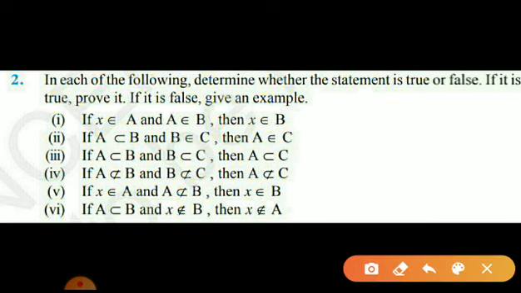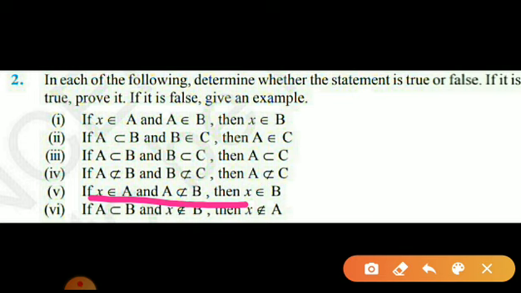Next one. If X belongs to A and X is not a subset of B, then X belongs to B. See what it is? If X belongs to A and X is not a subset of B, then X belongs to B. Will it be true?